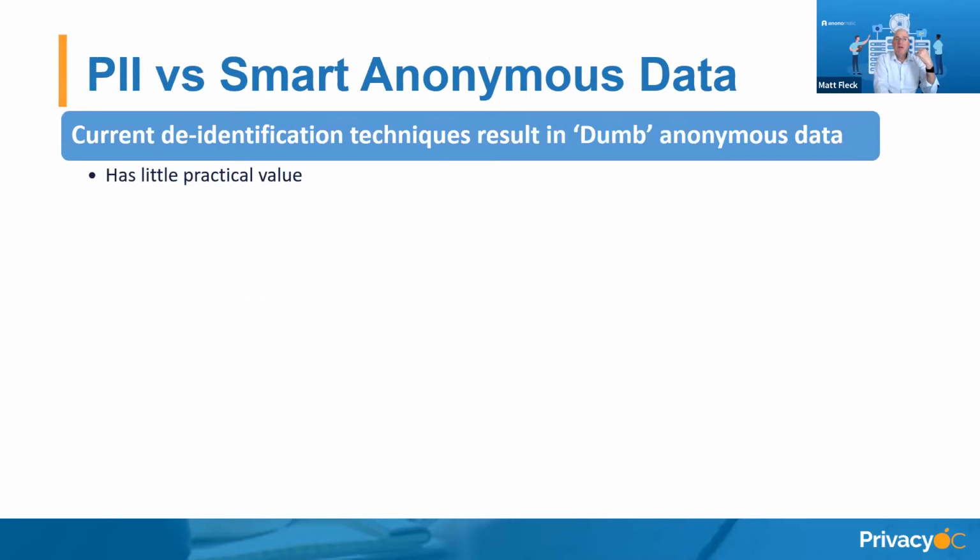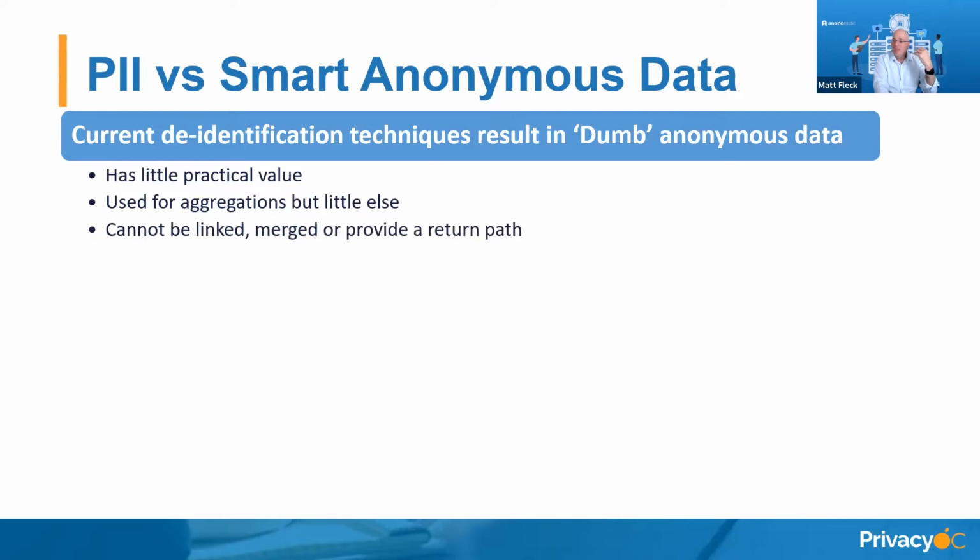How useless? Well, current de-identification techniques that generate dumb data, the data has really very little practical value. If you've tried to use it or you've looked at it, you know what I'm talking about. You can use it for aggregations, but really very little else. And more to the point, you can't do anything with it afterwards.